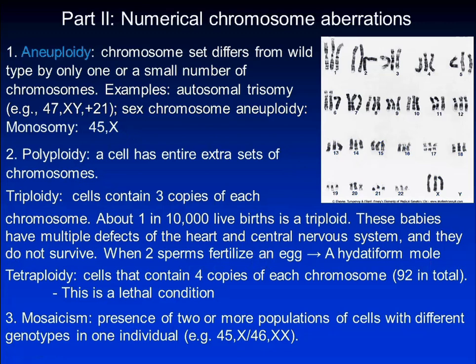Tetraploidy refers to a situation in which a cell has 4 sets of chromosomes. This is a lethal condition. Mosaicism refers to the presence of 2 or more populations of cells with different genotypes in one individual.